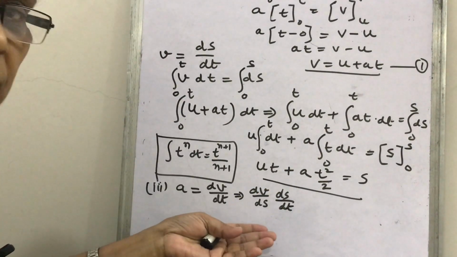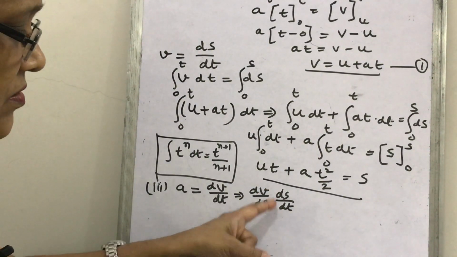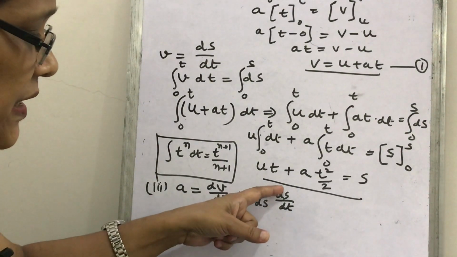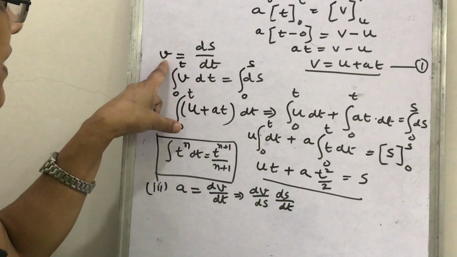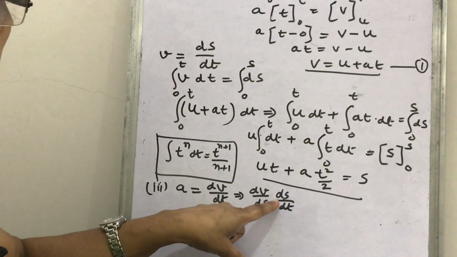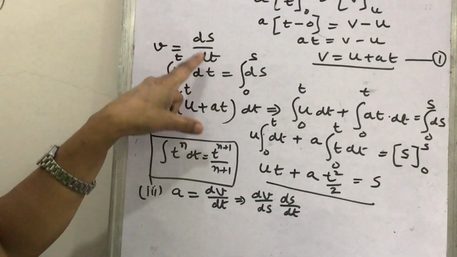But why have you done this? To remove this dt. How will you remove it? You know ds by dt is velocity. So in place of ds by dt, what will you put here? Velocity.